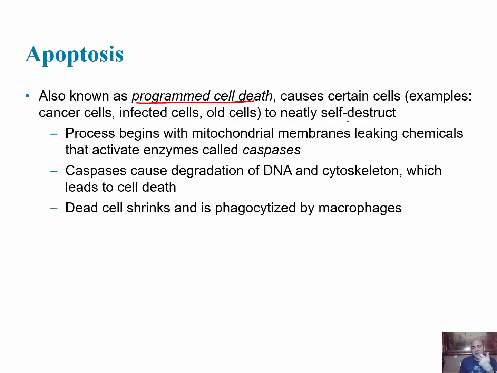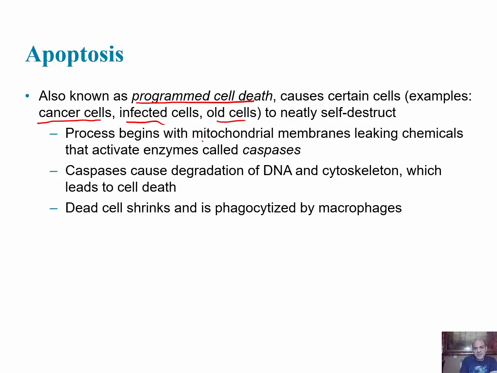Another example might be the tail on a tadpole of a frog. During their development to adult, the cells that make up the tail self-destruct. Other cases where this can happen is in cancer cells, so a protective mechanism would cause the cells to go through apoptosis. Also, infected cells or just old cells would go through this process.